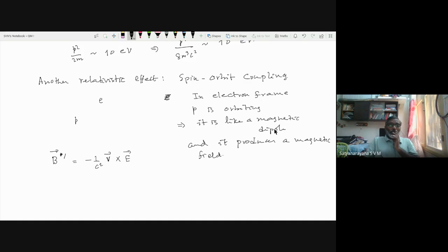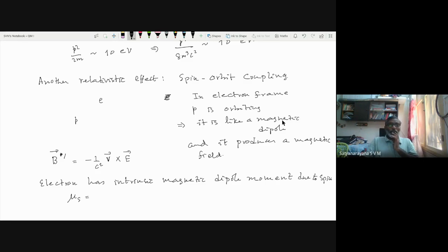And then the electron has an intrinsic magnetic dipole moment, which is due to spin.